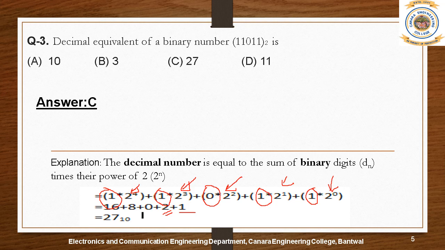So the sum of this is 27. That is the decimal equivalent of 11011. Move on to the next question.